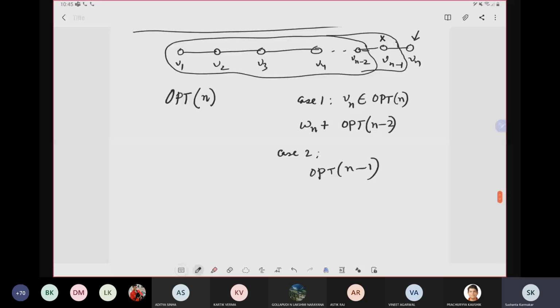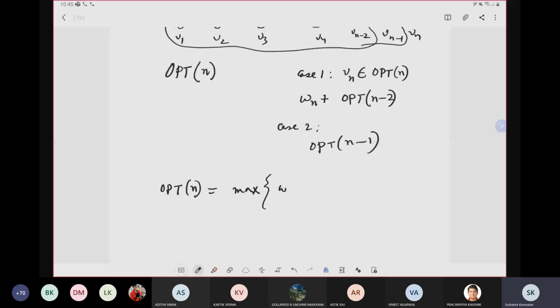So you can write opt n is equal to the max of Wn plus opt n minus 2, comma, opt n minus 1. Okay, so this is the recurrence equation for this problem.